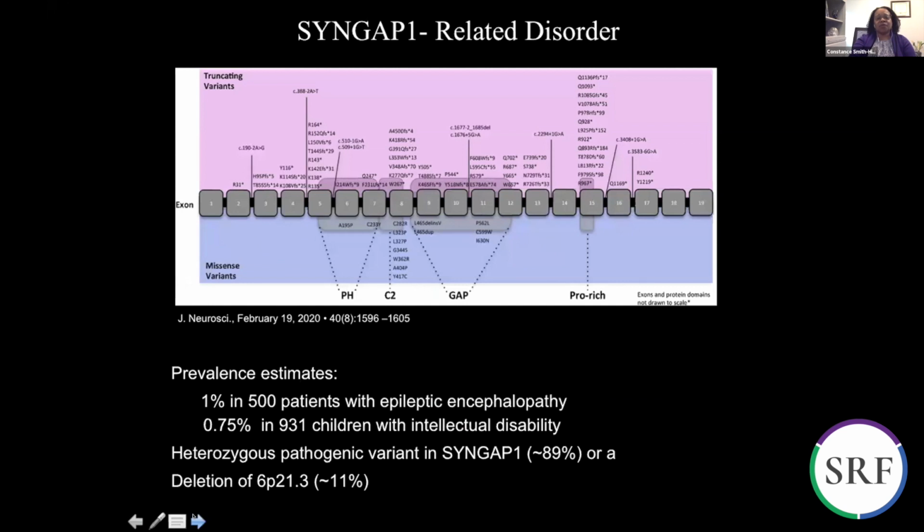Since then, over 100 pathogenic variants have been reported in the SYNGAP1 gene, and SYNGAP1 is thought to account for about 1% of cases of epileptic encephalopathy and ID. The heterozygous pathogenic variants in SYNGAP1 are thought to account for about 89% of all cases, where the deletion at the chromosomal locus of 6p21.3 accounts for about 11% of the patients.